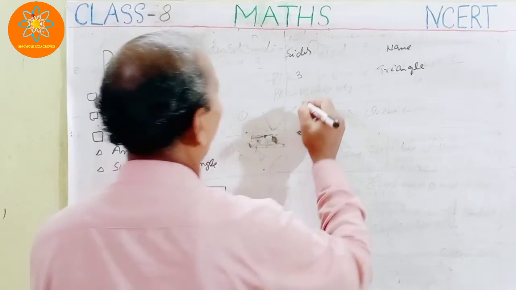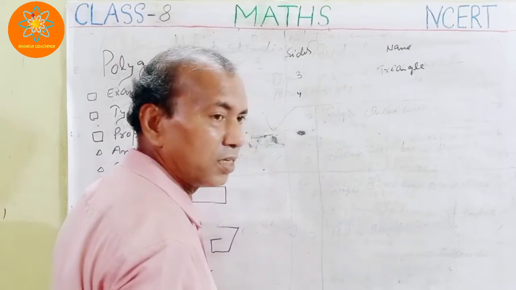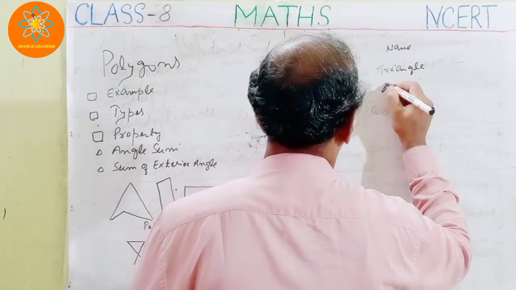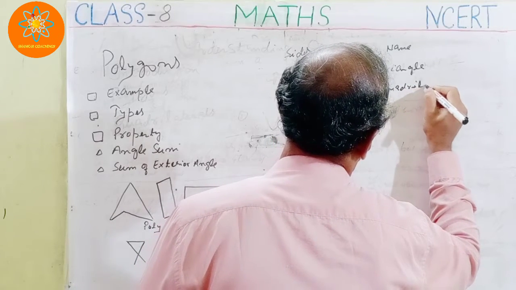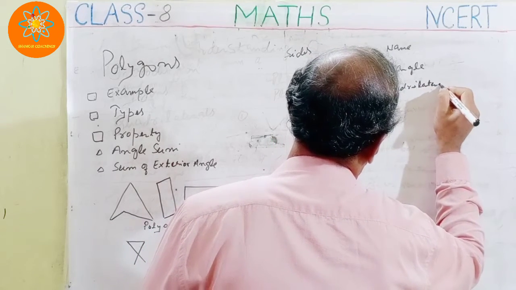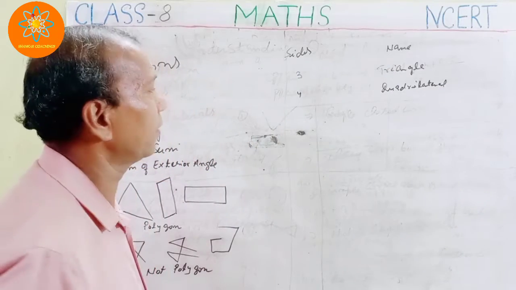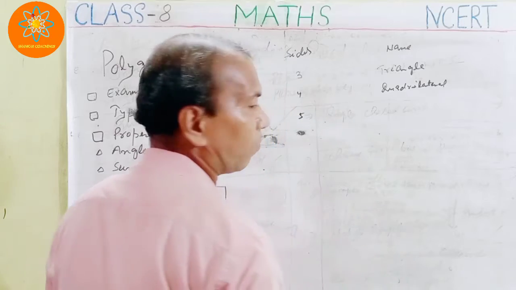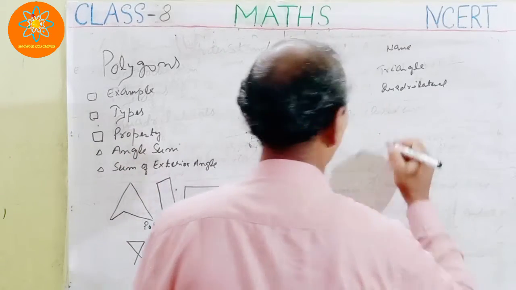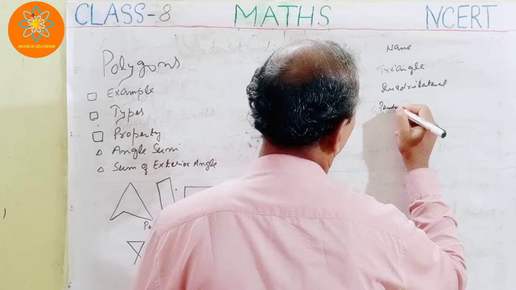If the sides are 4, then it is a quadrilateral. If the sides are 5, it is a pentagon.